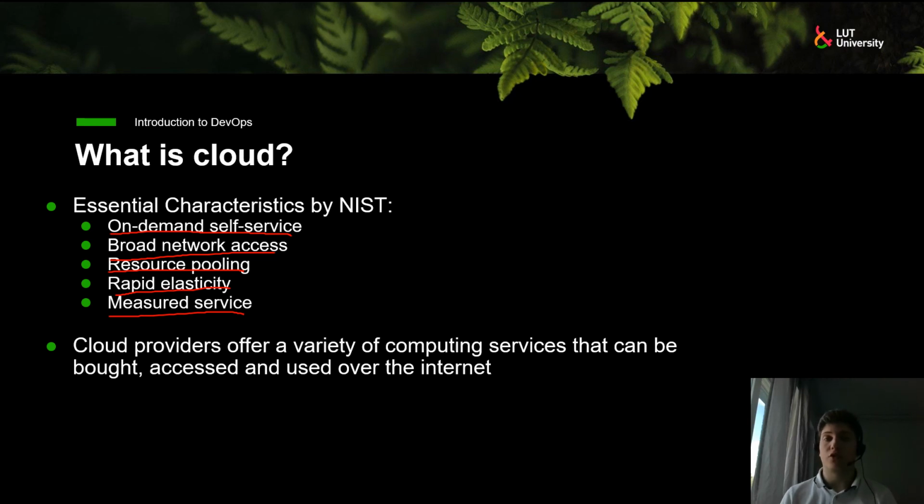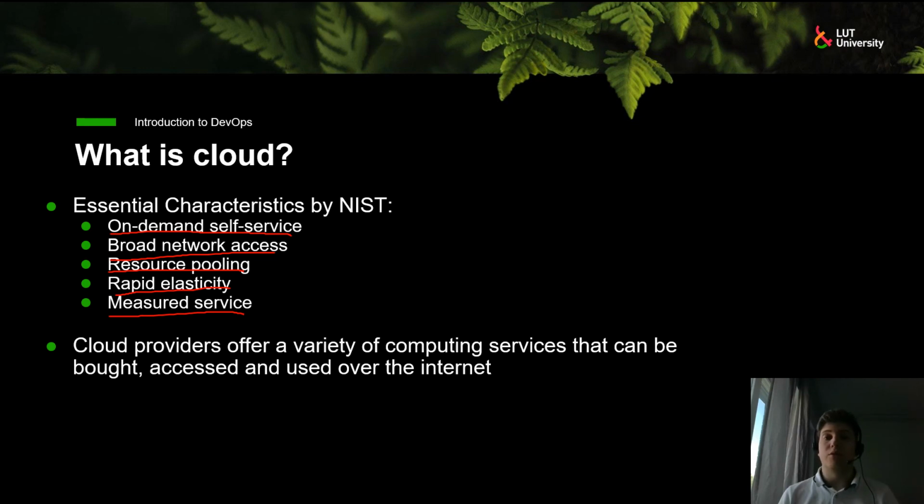For example, North Europe can be chosen as a region, and then the computing resource, the cloud resource, is somewhere in that area, but the cloud provider is using resource pooling in order to provide the services efficiently.